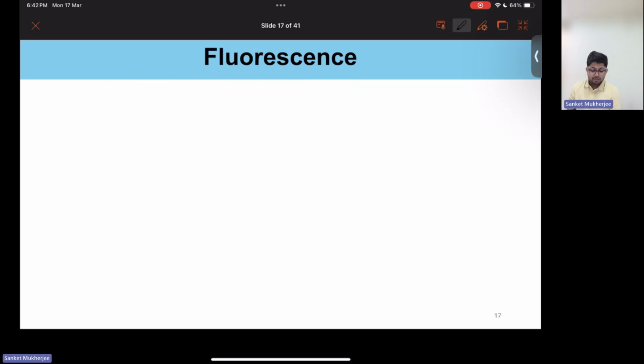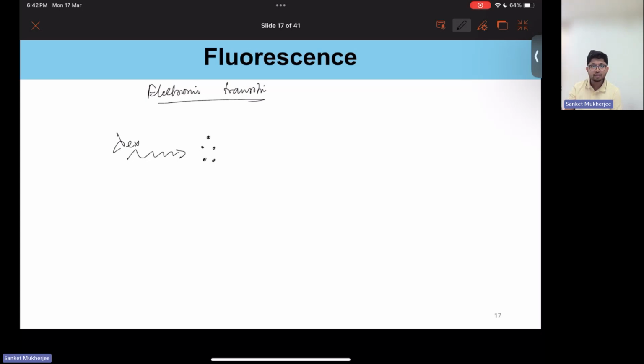In case of fluorescence, there is electronic transition, where your sample gets into an excited state and emits the light. So let's say this is your sample, and you give some wavelength, which is called the wavelength of excitation.